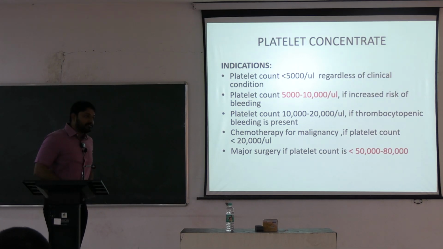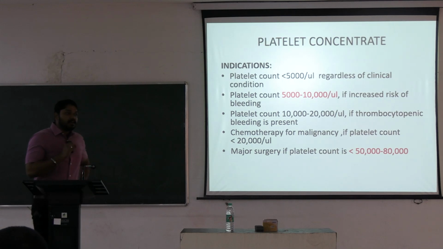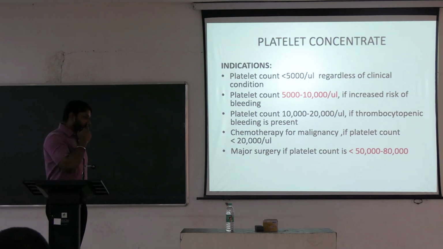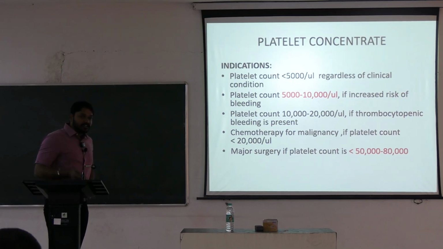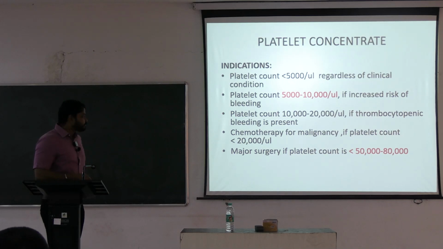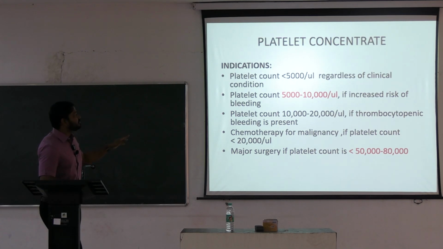Indications of platelet transfusion: any condition in which platelet count is reduced, for example dengue, malaria, DIC. What is DIC? If platelet count is less than 5,000, regardless of any clinical condition, we transfuse platelets. For 5,000 to 10,000, I have highlighted this because it is important in obstetrics.